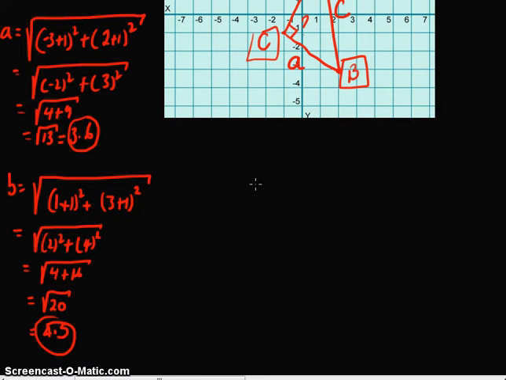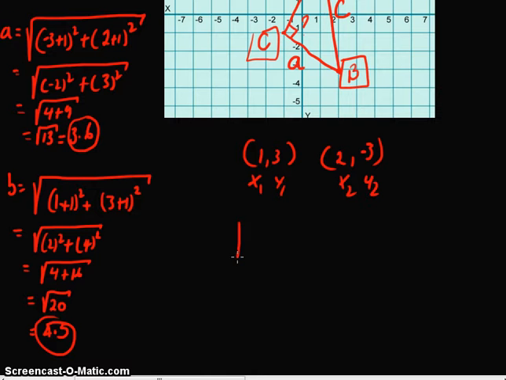Now we can do the same thing to find c, which is between B and A. A was (1, 3) and B was (2, -3). For this one, we're going to call this x1, y1 again, and x2, y2.